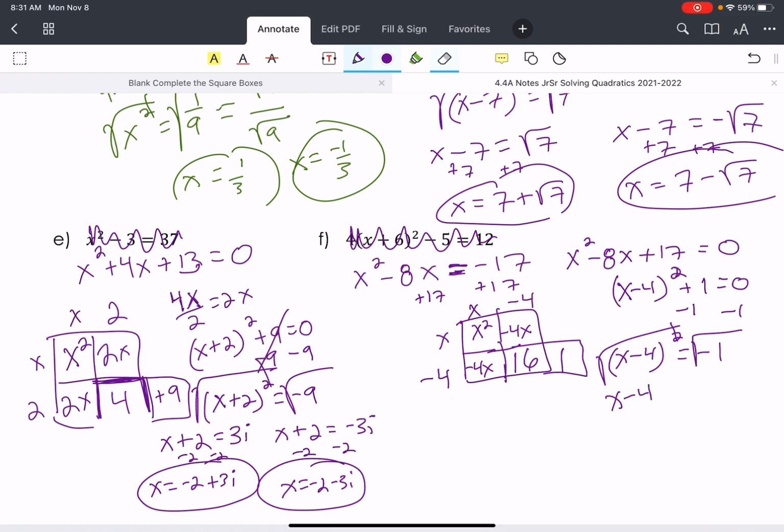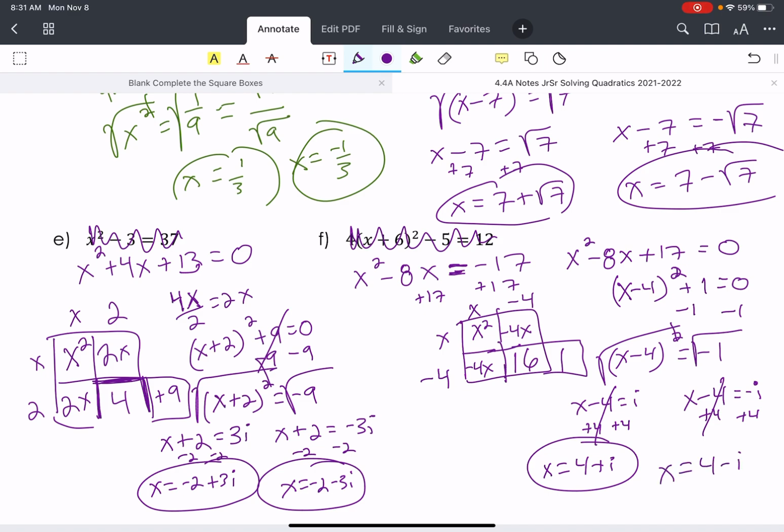Hey, what's the square root of negative 1? I. And negative I. Add 4. X equals 4 plus I. And x equals 4 minus I.